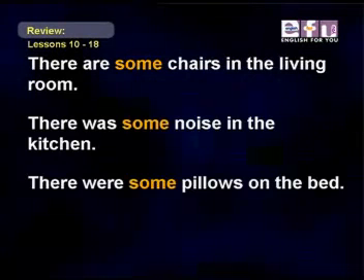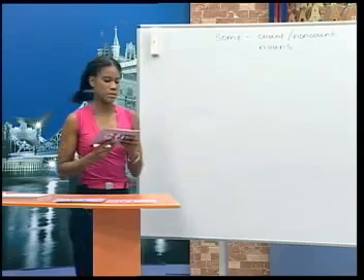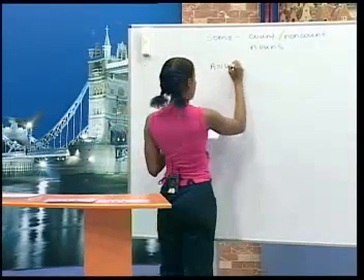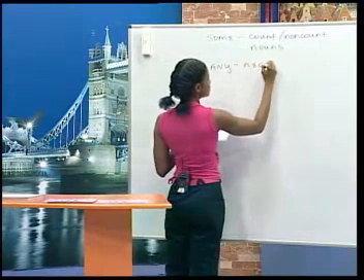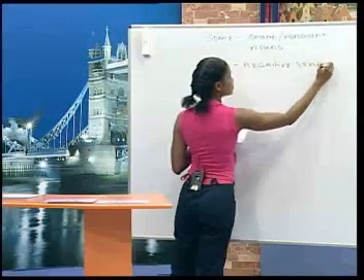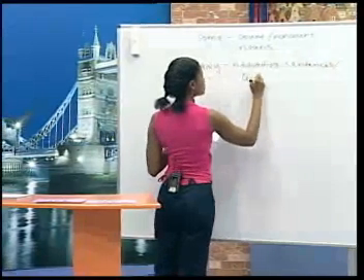There were some pillows on the bed. There was some information in the book on the table. Now remember, we use any in negative sentences and questions.